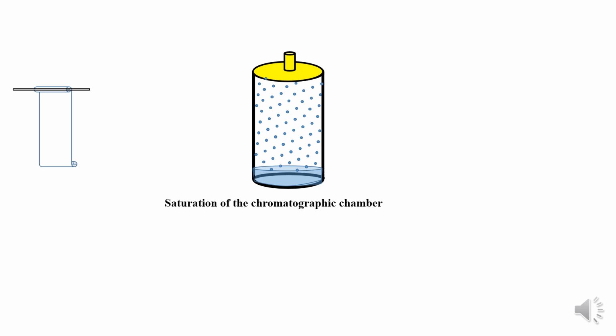Meanwhile, you can prepare the Whatman paper. When the chamber is getting ready for the separation process, you can prepare the Whatman paper. Cut the Whatman paper to suitable dimension, and you can hang the paper using a siphon glass rod.